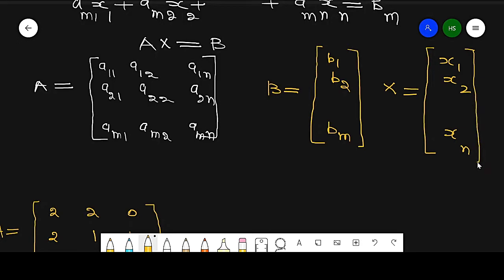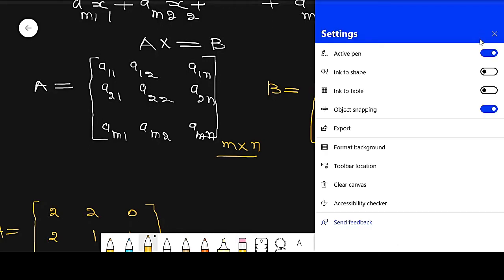So this is a column matrix of order n cross 1, this is m cross 1, and this is m cross n. This is a system of non-homogeneous equations that can be converted into matrix form, AX equal to B.